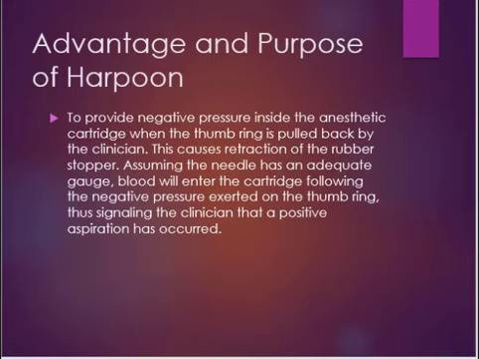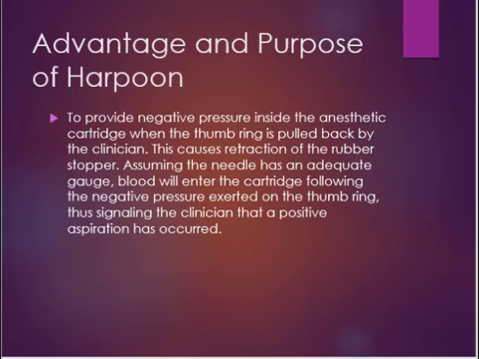That's going to cause the retraction of the rubber stopper, and assuming the needle has adequate gauge, blood will enter the cartridge following negative pressure that's exerted on the thumb ring, and that will let the clinician know if there's blood that comes back into the cartridge.